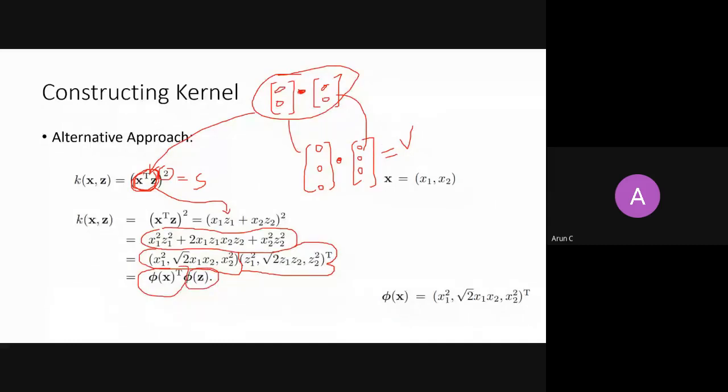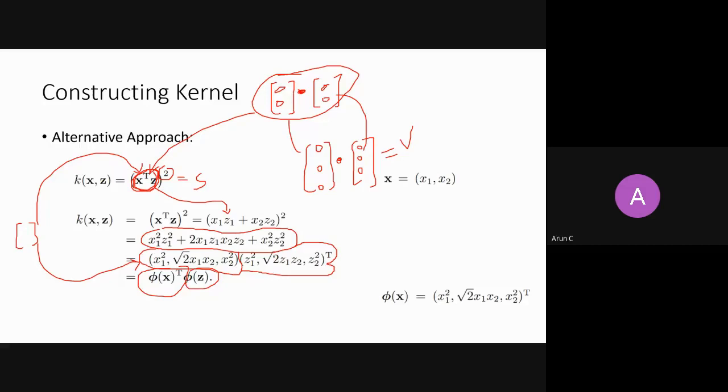So what this slide is saying is, this is your original space, x1, x2. Either you project them into this 3-dimensional space and then take a dot product, or you just take a dot product in the original space and take a square. It will give you the same result, right?